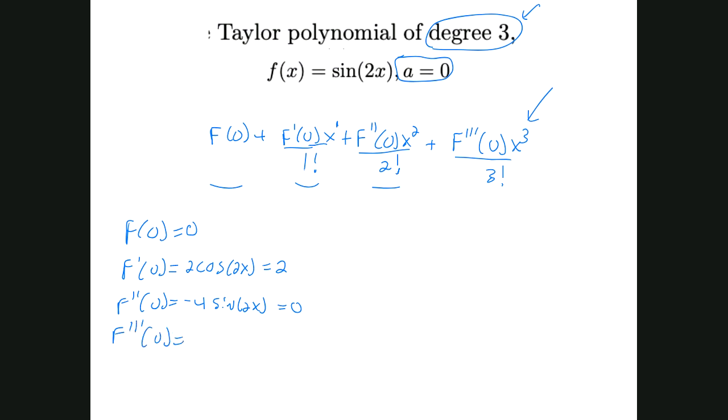And if I want the third derivative, what is that going to be? It's going to be positive 8 cosine of 2x. If my derivatives are okay, that's going to give me 8. That one would be negative as well. Wouldn't that be negative cosine? Because this was really negative sine. So if I take the derivative of negative sine, I get negative cosine, which is going to give me that negative.